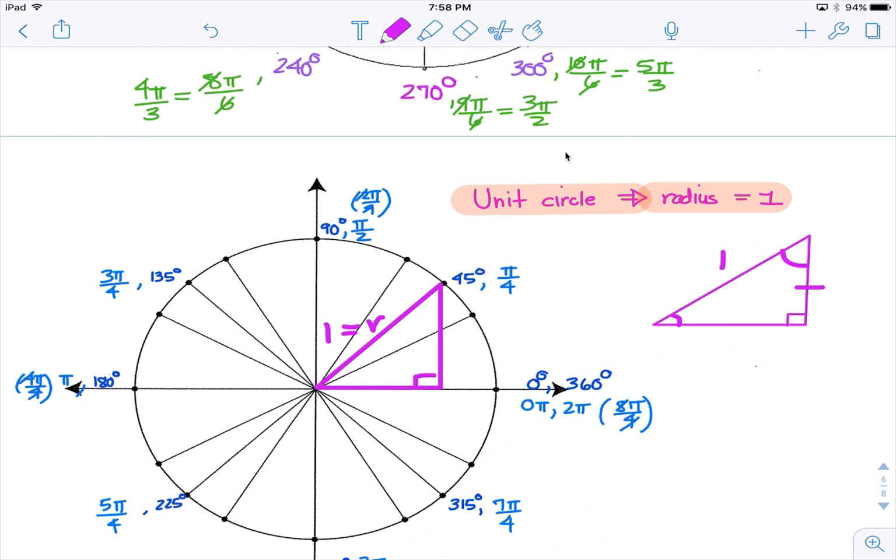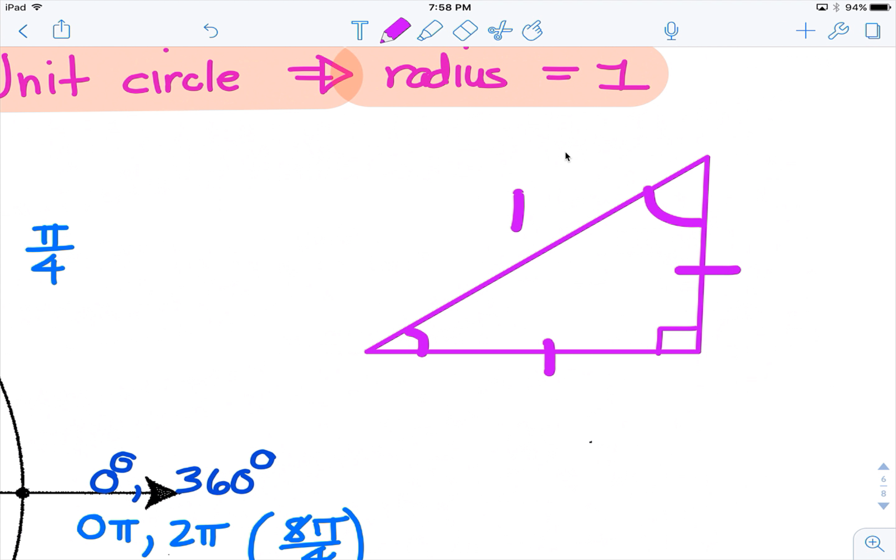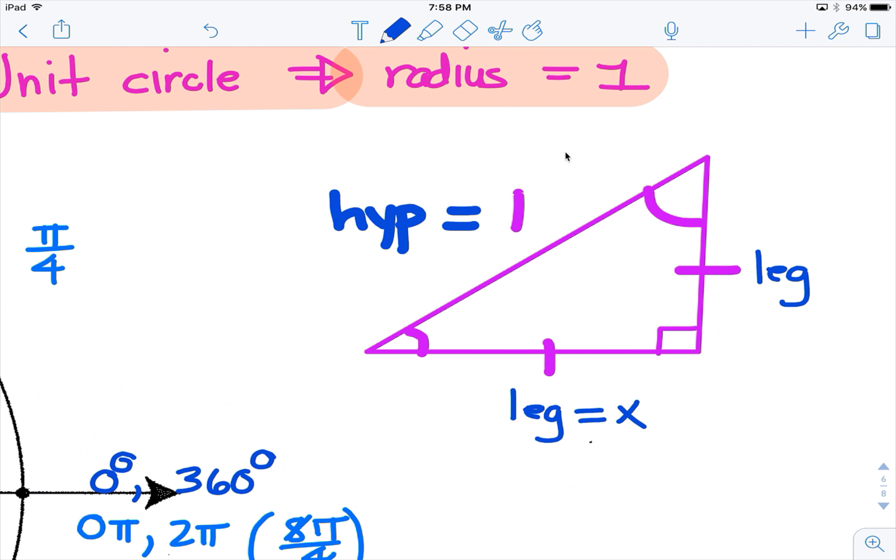So if we use our special right triangle rules, then this would be the radius, or the hypotenuse, and each of those would be the legs. On a special right triangle, the leg is equal to x, and the hypotenuse is equal to x times square root of 2.